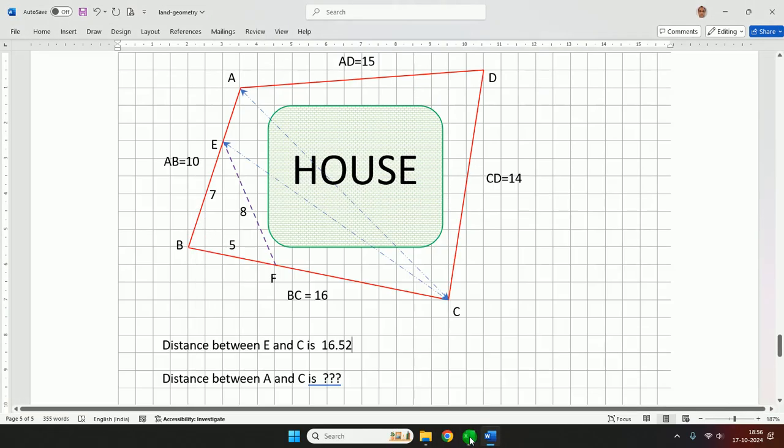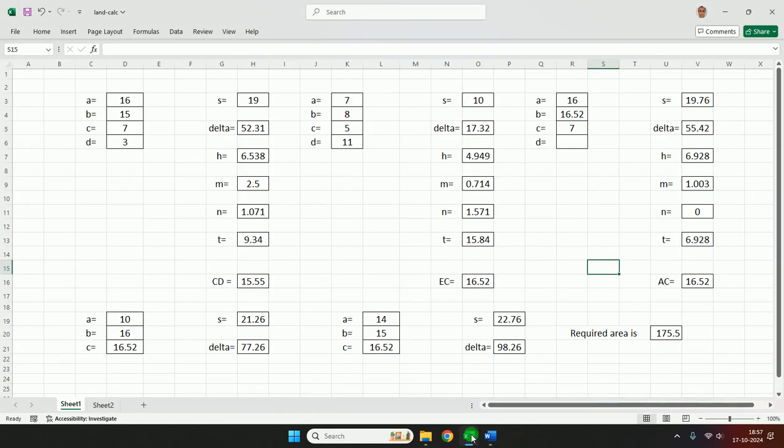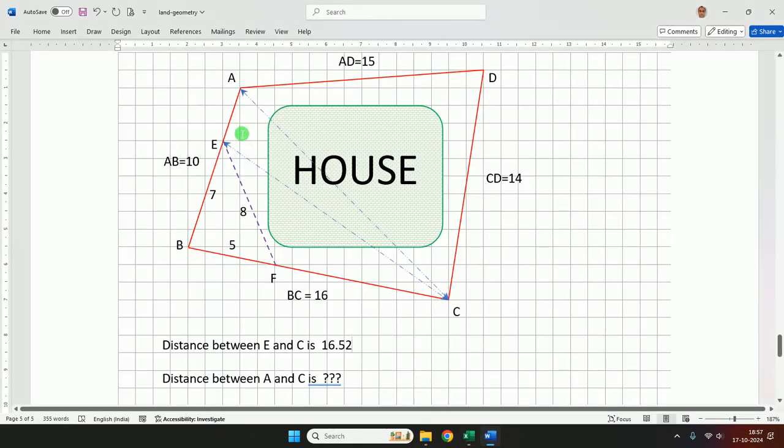Is it correct? No. Where did I go wrong? Oh, sorry, I think something is missing. Oh, D I have not written. How much is D?